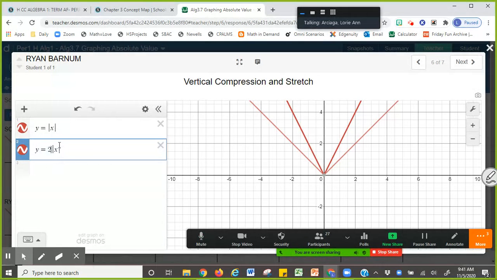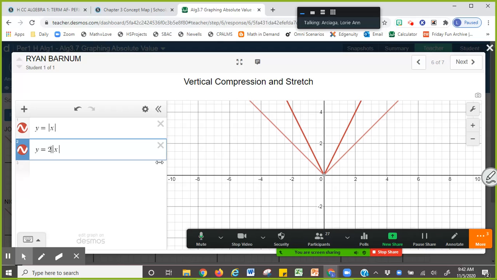So if you multiply the 2 outside, okay, it's vertical, right? And remember when we were adding numbers and subtracting numbers outside, it was also vertical movement. So that means everything that you do outside the absolute value bars will have vertical effects. Like this one, it became closer to the y-axis, so that's a vertical compression.